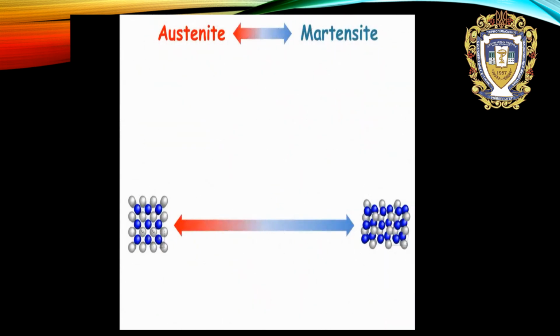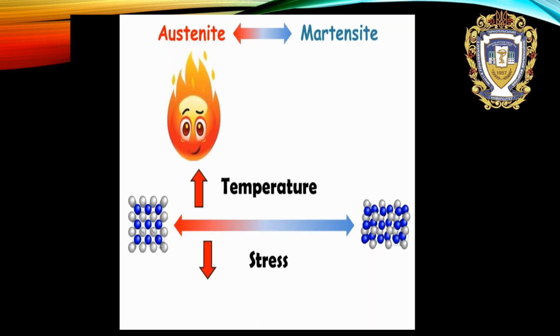This reversible martensitic transformation is a first-order diffusionless solid-solid transformation and can be induced by both applied stress and temperature variation. The austenitic phase is stable at high temperature and low stress, while the martensitic phase is stable at low temperature and high stress.